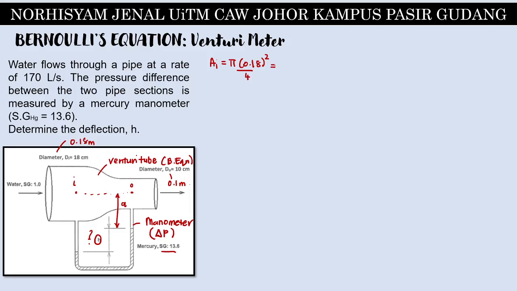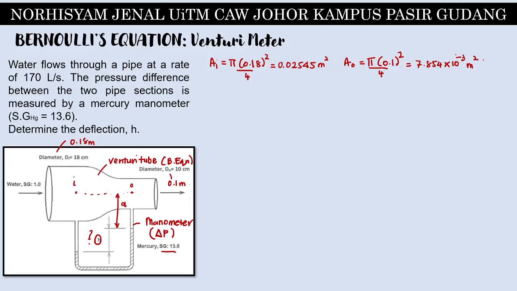So this should equal to 0.02545 meter square, and then area for point O should be equal to pi 0.1 square over 4. So it will be 7.854 times 10 to the power of negative 3 meter square.